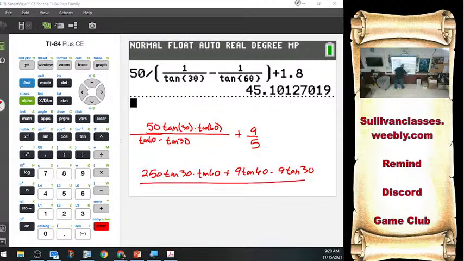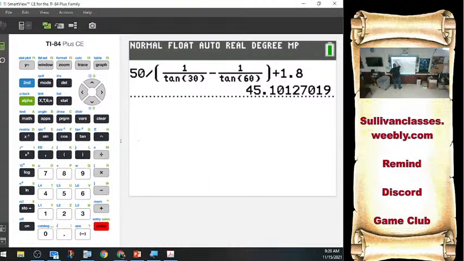If you wanted to write it as a simplified expression by getting common denominators and combining it into a single rational, you can. You don't have to. Just use decimals. Just take 50 divided by that, add 1.8. Okay?